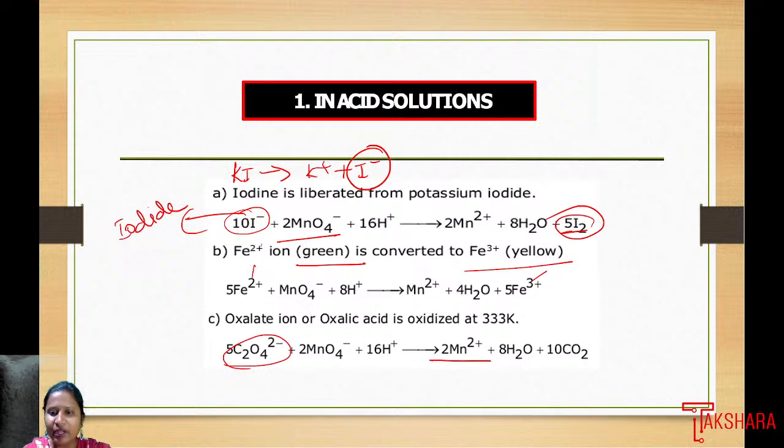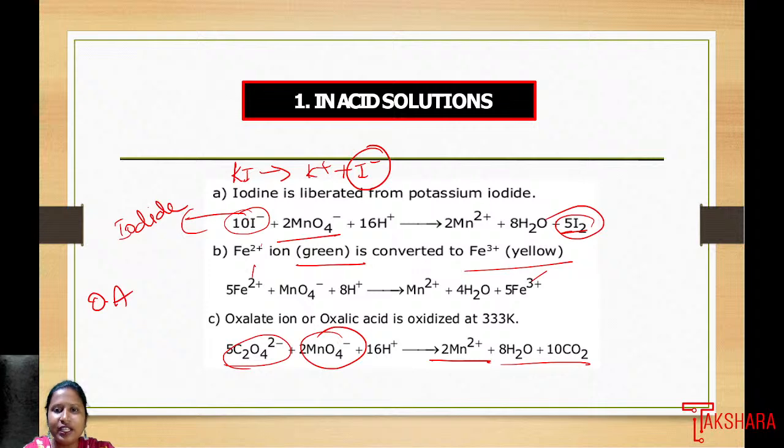So 2 Mn2 plus, 8 water and 10 moles of carbon dioxide are formed. Here potassium permanganate is acting as an oxidizing agent. That is about the reactions in acid medium.